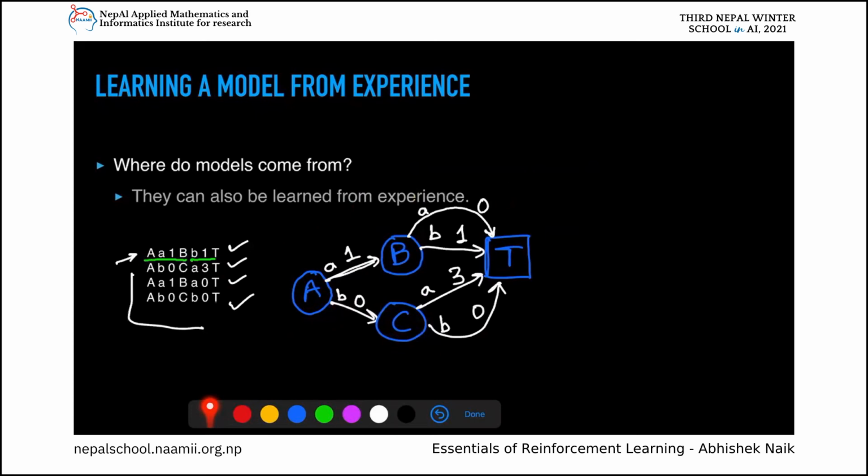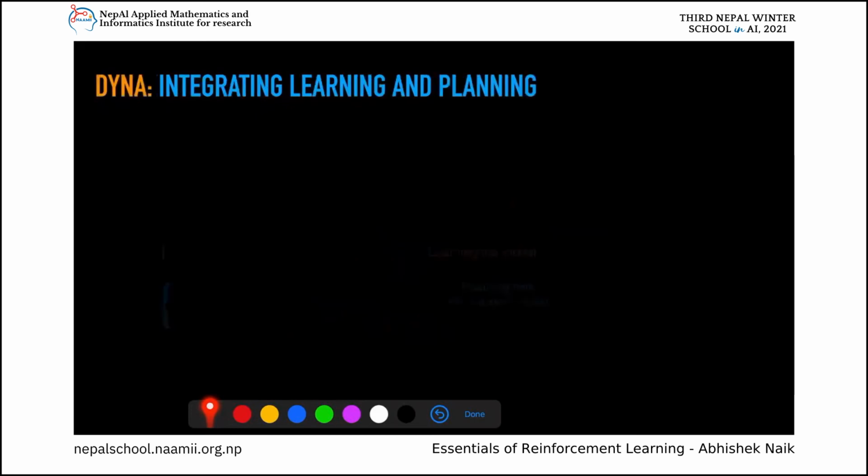We can put all of this together in this algorithm called Dyna. This is also a central algorithm in reinforcement learning, which integrates the idea of learning and planning, where planning means learning from a model.